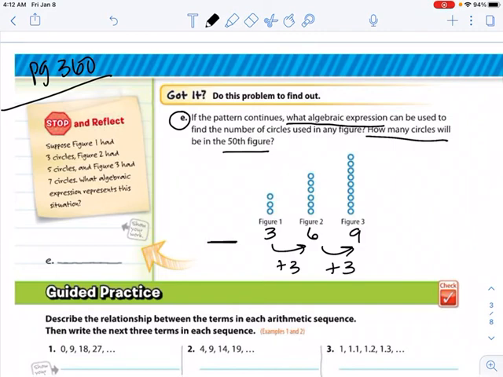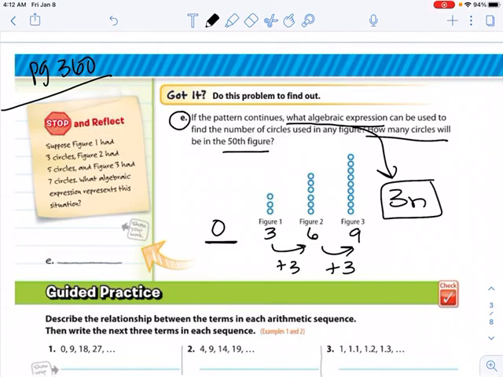Now, if we had, let's say, figure 0, how many circles would be there? Well, there would be 0. So since the previous term would be 0, our algebraic expression is going to be 3n. This is our algebraic expression.